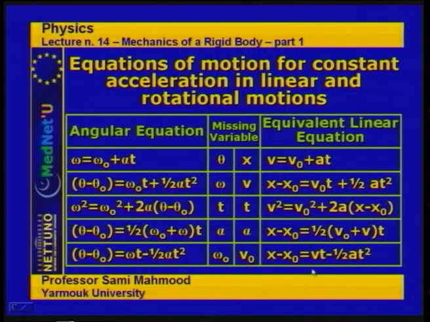For example, let's look at this table. This table shows that the first equation in the angular case is omega equals omega naught plus alpha t. This equation is derived from the definition of the average angular acceleration.